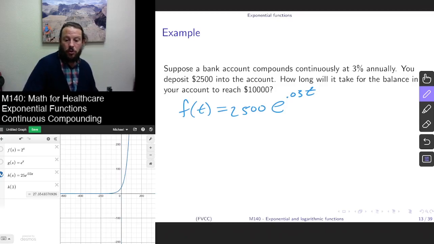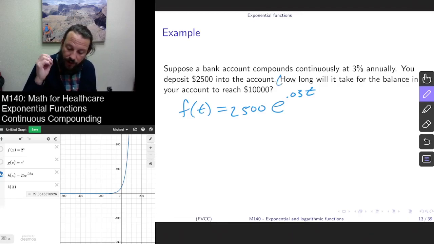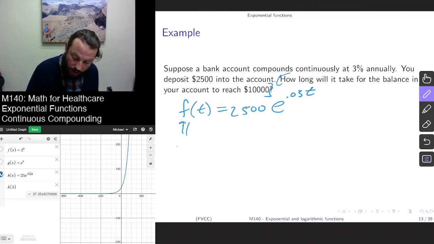But let's think about what we're really asking: how long will it take? We want to find a t value so that our function comes out to be 10,000. We know 10,000 is equal to 2,500 e to the 0.03 t.